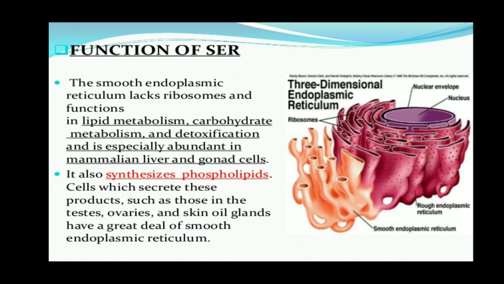These are the major functions of the endoplasmic reticulum in the mammalian liver and the gonad cells. It also synthesizes the phospholipids required for the cells. The cells which secrete these products, such as the testes, ovaries, and the skin oil glands, have great amounts of smooth endoplasmic reticulum.